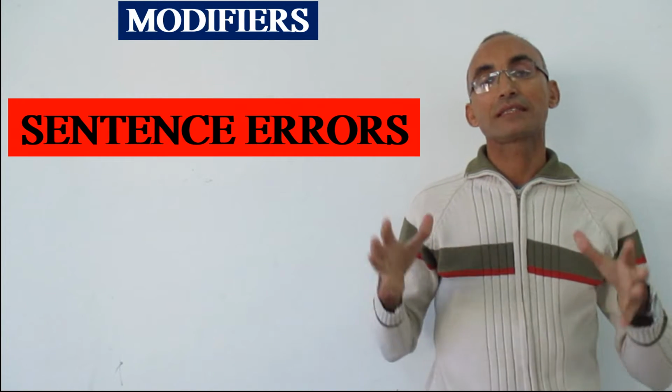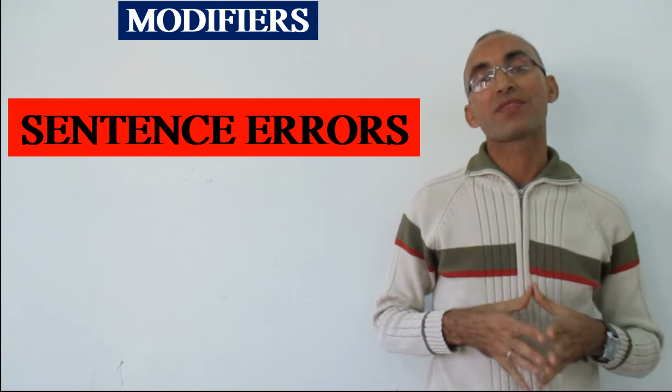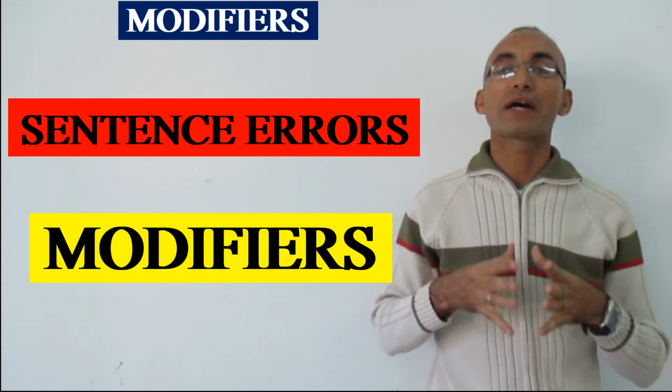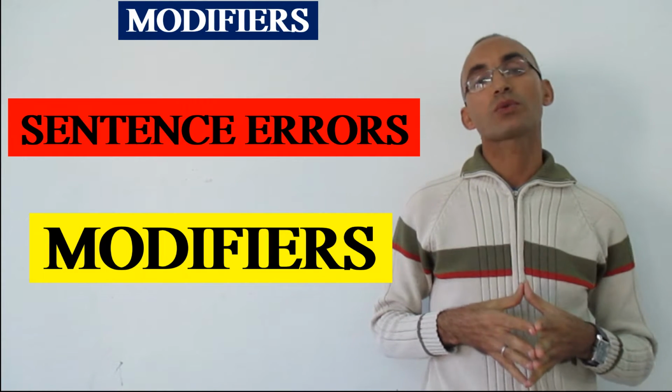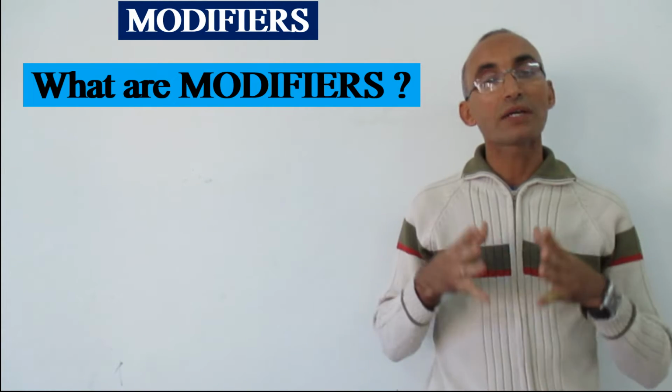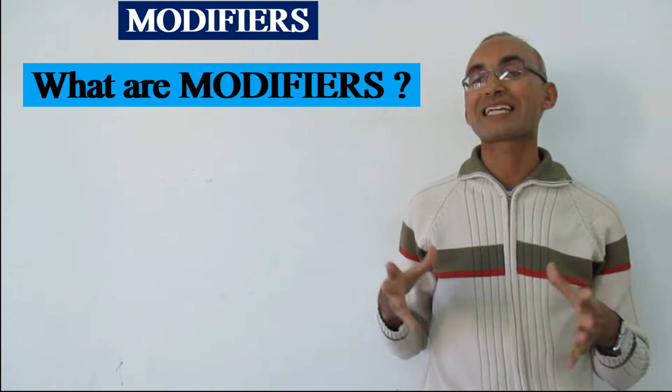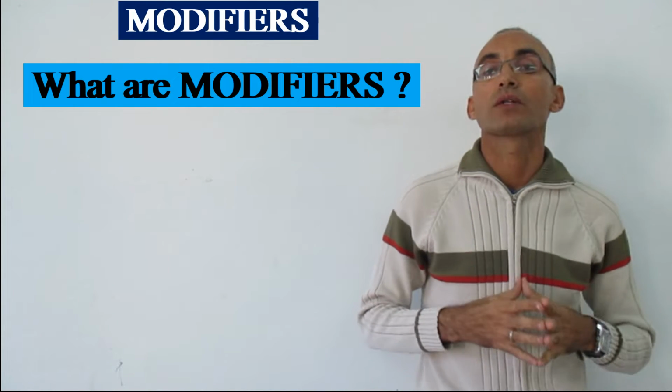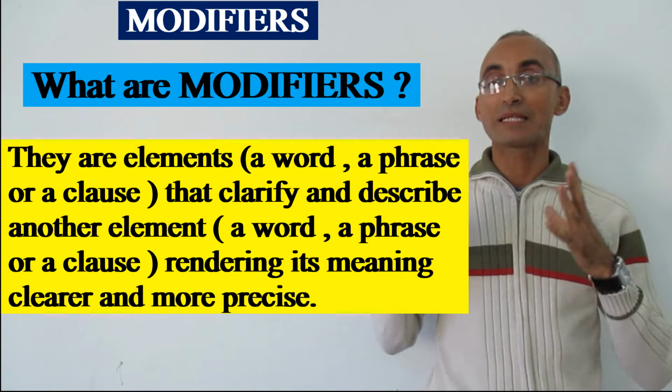Now this time we will study the errors which happen at the level of modifiers. But before this we need to know what modifiers are. So when we say modifiers, what do we mean by this word? These are elements.